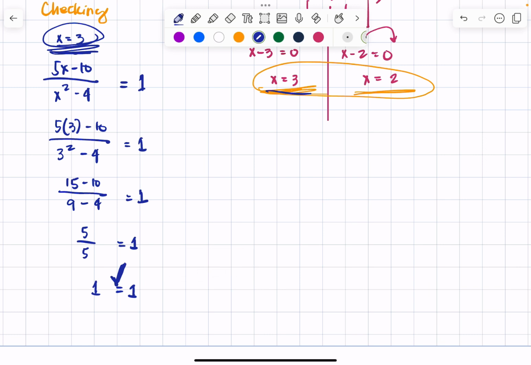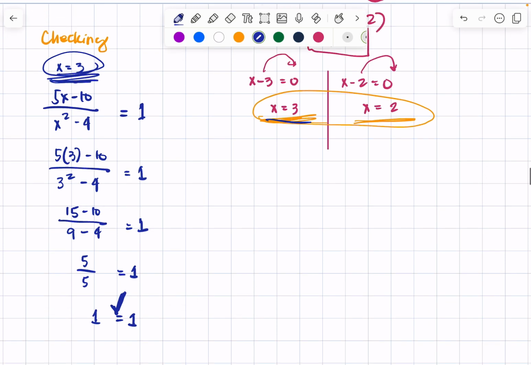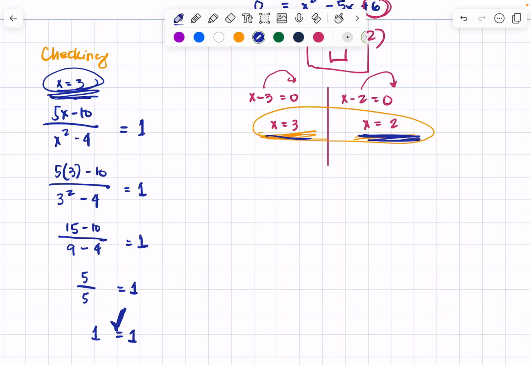It satisfies the equation. So, which one is the extraneous? So, let's try to check x is equal to 2. So, if your x is equal to 2, substitute it into the original equation. You will have 5 times 2 minus 10 over 2 squared minus 4 is equal to 1.